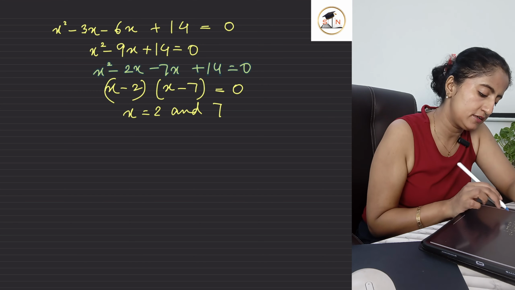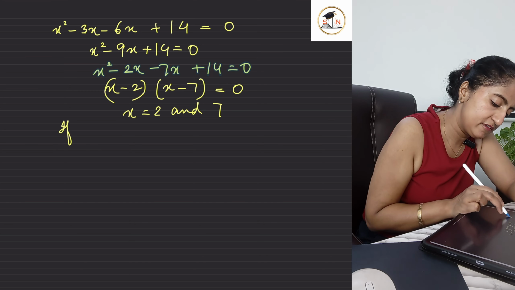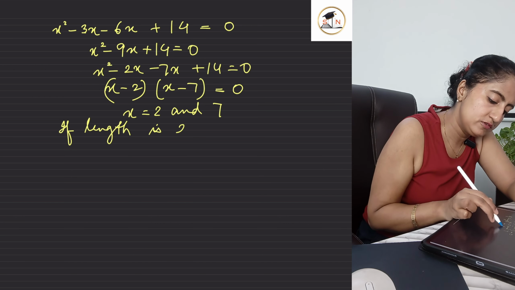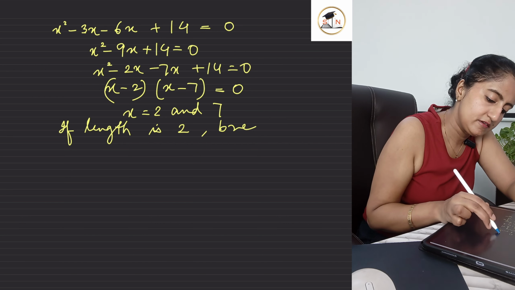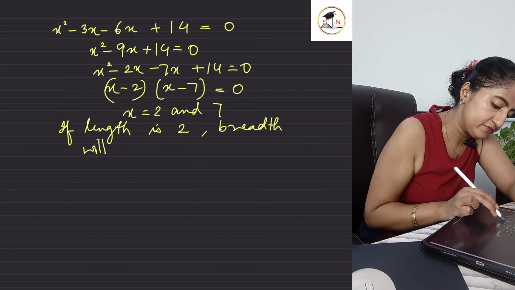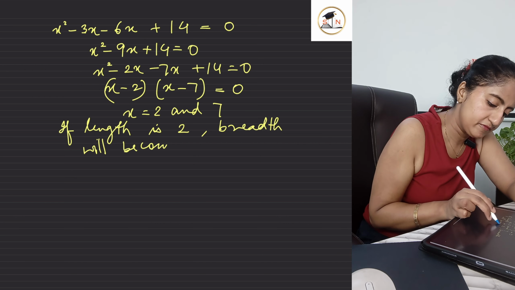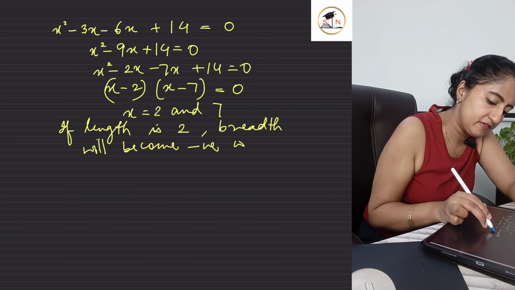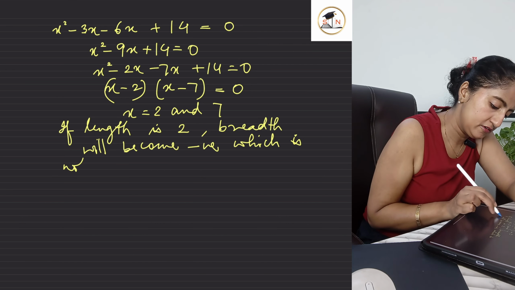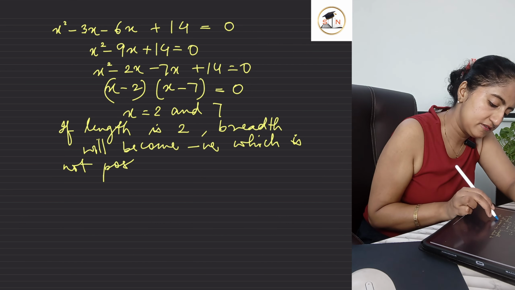Okay, so the reason: if length is 2, breadth will become negative, which is not possible.